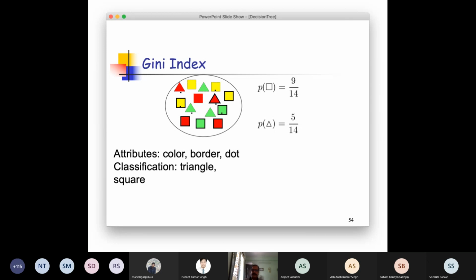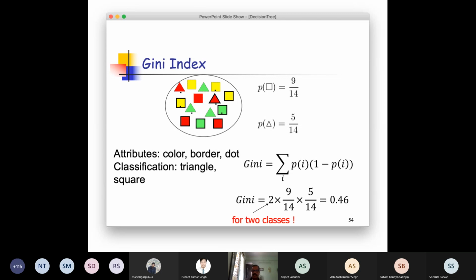Probability of triangle is 5 by 14. Then the Gini value, as per our definition, is pi into 1 minus pi. Since there are 2 classes, you can simplify it in this form: 9 by 14 into 5 by 14 plus 5 by 14 into 9 by 14. So your Gini index is 0.46.